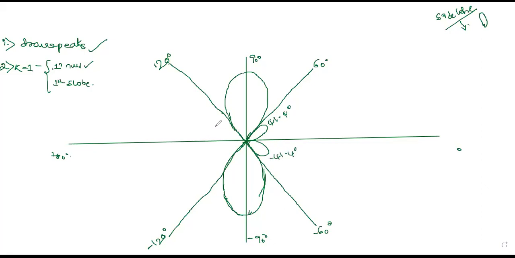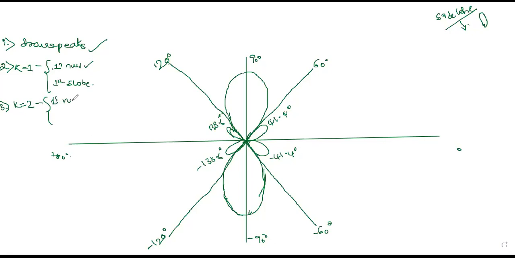The other value of k is equal to 1 you have is 138.6, which will be coming after your 120. See here, it is 138.6 degree. Similarly, you have one more negative, that is minus 138.6 degree.